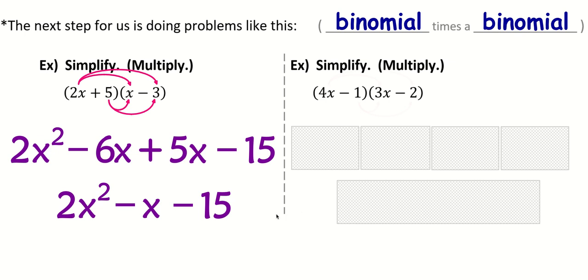You may have already heard a teacher call this FOIL, or I'm going to mention it. If you ever hear FOIL in the future, whether it's from me or anyone else, this is what it's talking about, because distributing the 2x and then distributing the 5, a lot of teachers and maybe even a lot of textbooks refer to that as FOIL, because check it out. And I mean FOIL.